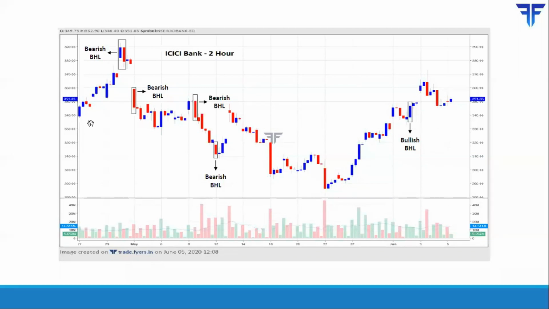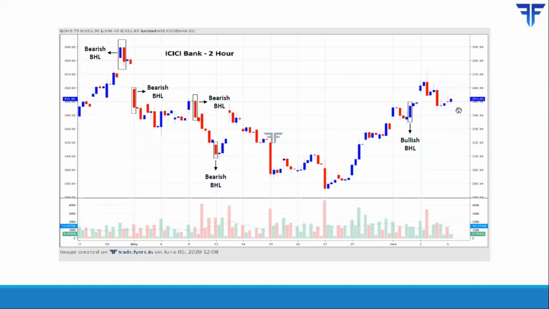Once this pattern appeared, as you can see, there is a nice decline in the price of ICICI Bank, and in between you can see 2 3 bearish belt hold lines forming again. So this is a bearish belt hold line, this is a bearish belt hold line, this is a bearish belt hold line. However, what is interesting to note is that these bearish belt hold lines are not appearing after a rally in price. So preferably you must not act on these patterns, but this bearish belt hold which appeared at the top is a much more powerful pattern to act upon.